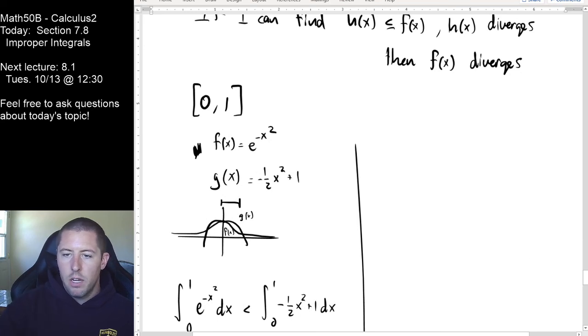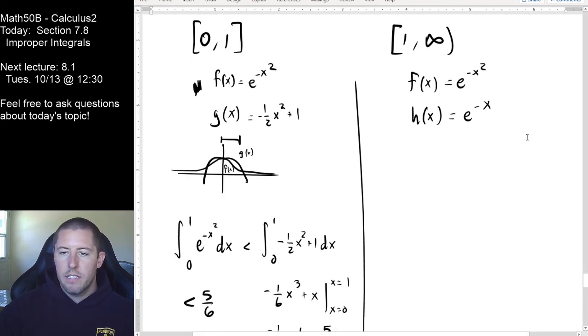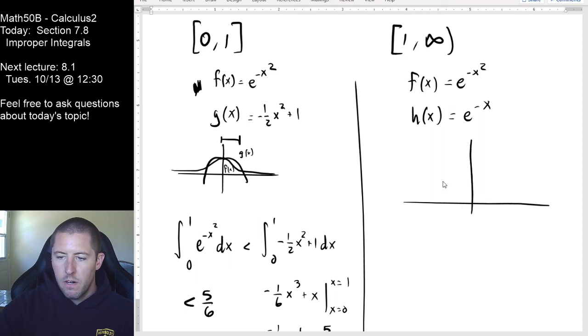In the remaining chunk, we have the chunk that goes from 1 to infinity. Here, we're still considering our base function f of x to be e to the negative x squared. And now I'm looking at a new function h of x, and I think that e to the negative x is going to be above f of x for the whole time. Again, my picture here. This function here agrees at 1.